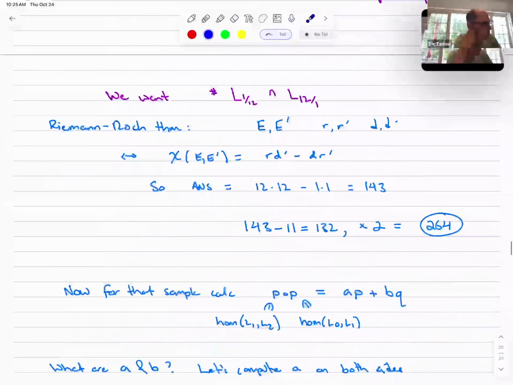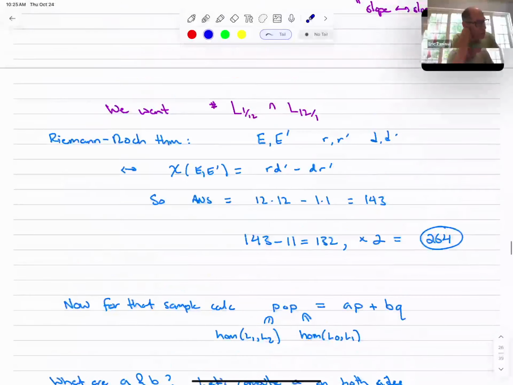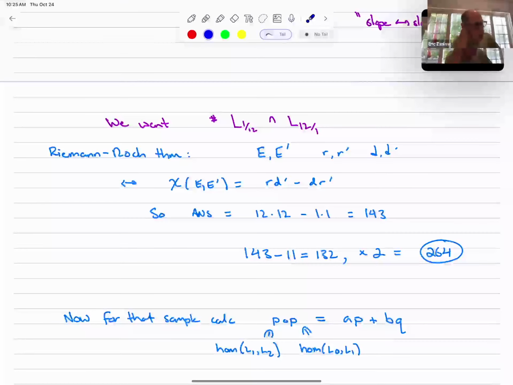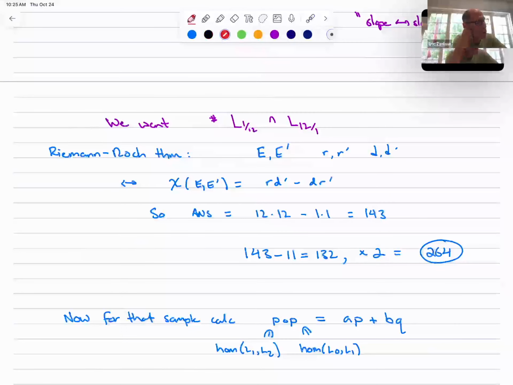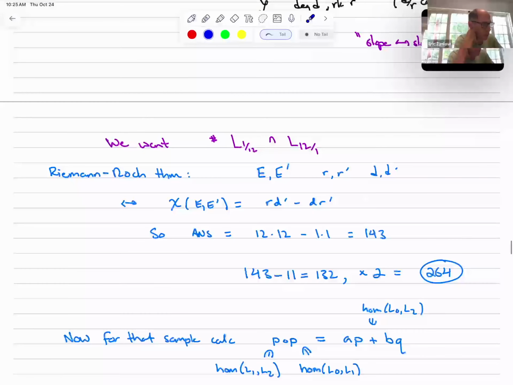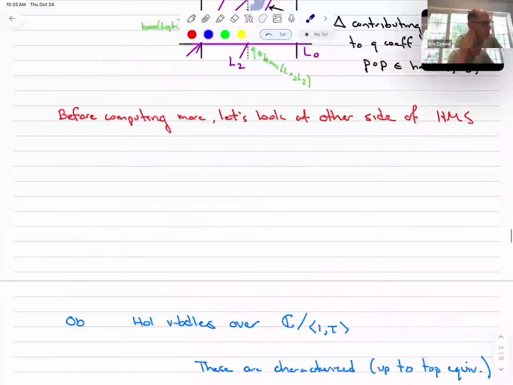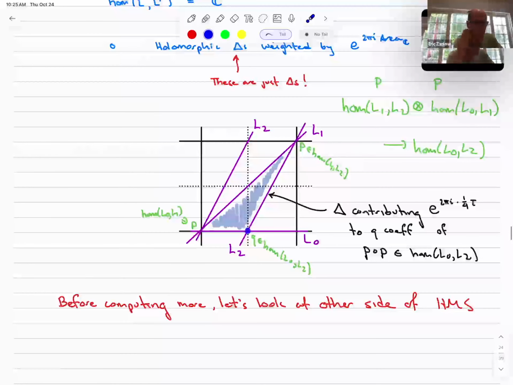Okay, so let's go back to the calculation. We want to compose P with P, and the answer is going to be something in Hom(L0, L2), and we saw that that was two-dimensional. It's generated by the lattice point P and the half-integer lattice point Q. I'll remind you, Q lives at the point (1/2, 0).